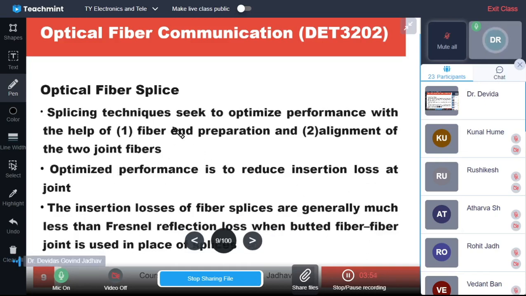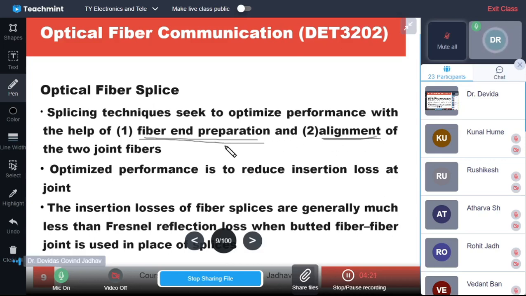So the splicing technique seeks to optimize the performance with the help of fiber end preparation and alignment. So performance of splicing is achieved by first fiber end preparation, how well the end is prepared, and how the fibers are aligned.